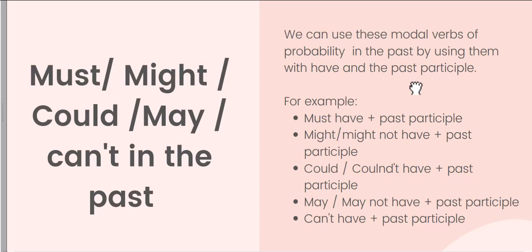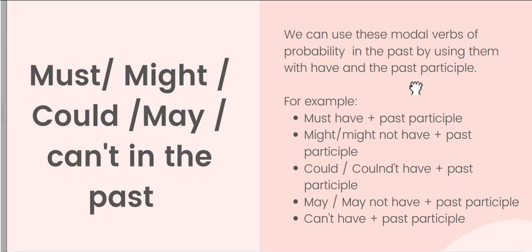We can use these modal verbs of probability in the past by using them with have and the past participle. You put the modal verb plus have plus the past participle. It looks like the same structure as the present perfect, but you add must, or might, or could.